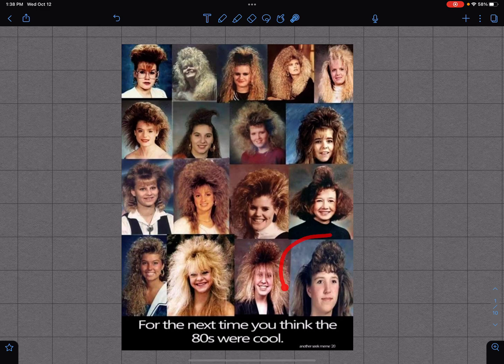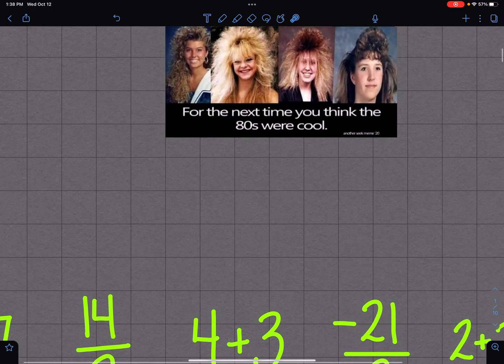I know I did this to my hair at some point. And yeah, it was pretty scary. I mean, look at those people. Wow, that's a lot of hairspray. No wonder there was a hole in the ozone layer at the time. Good thing it's fixed now.